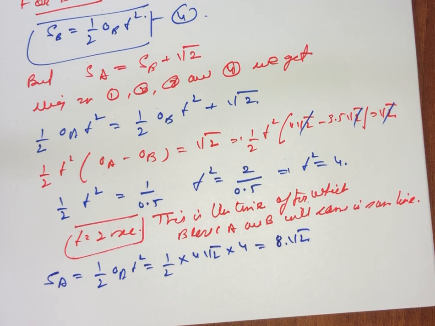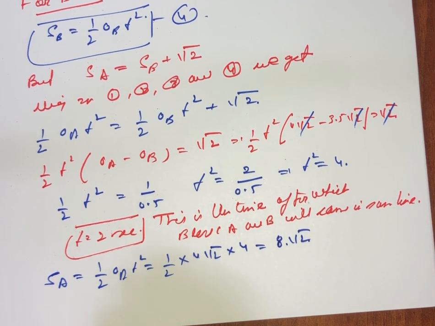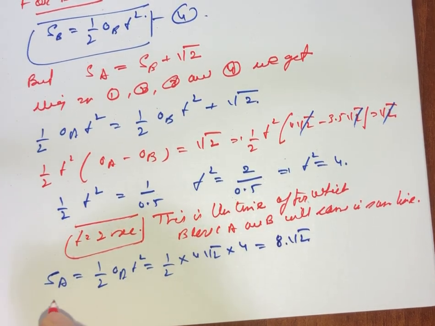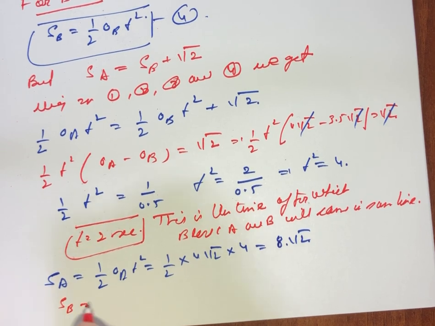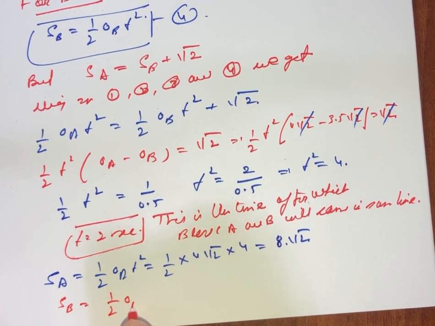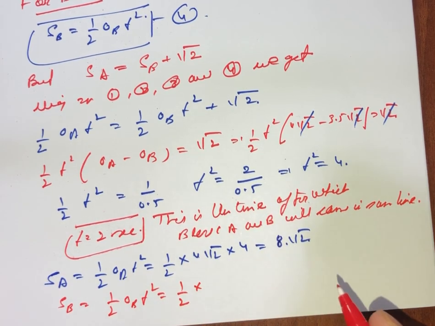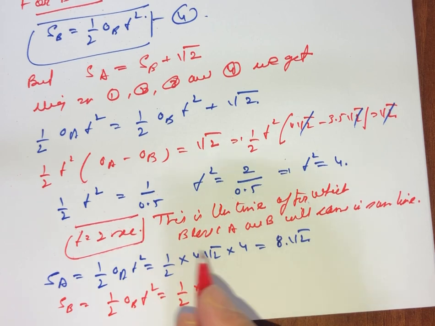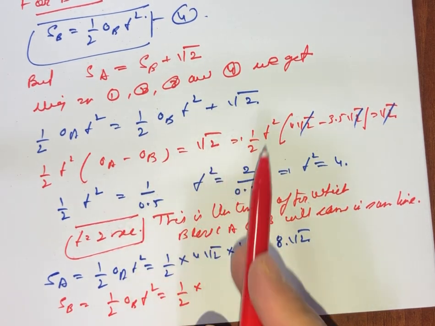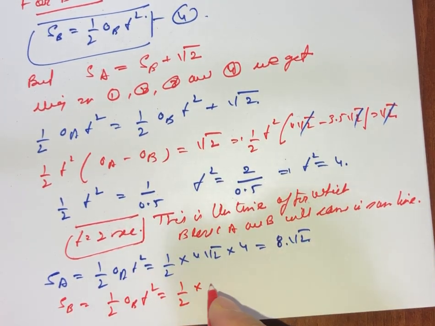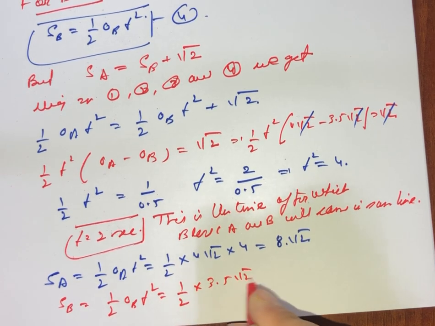And for B, SB is equal to half AB t square. So this is half, and AB was 3.5 root 2 multiplied by 4.